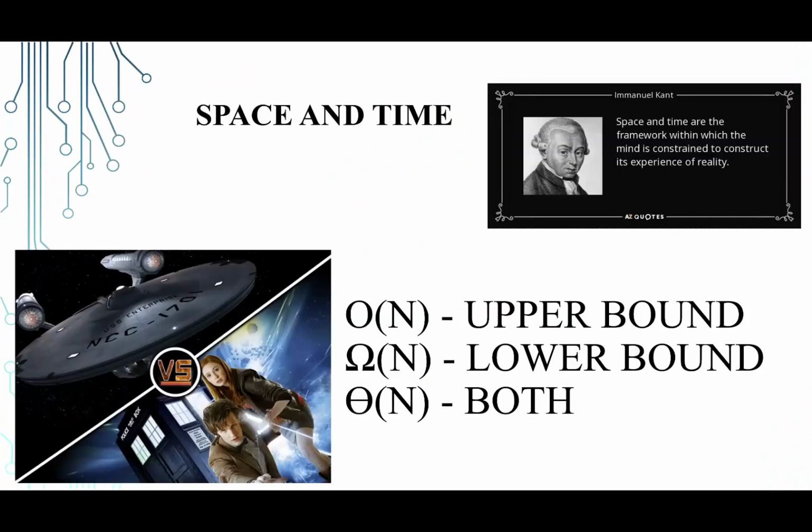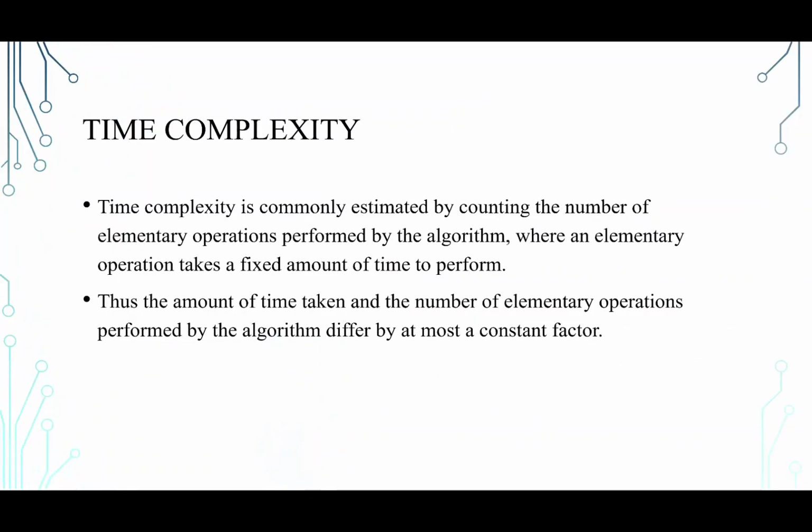So let's just start with, no introductions. Okay, so space and time complexity. Time complexity is commonly estimated by counting the number of elementary operations performed by an algorithm. What do I mean by elementary operations?